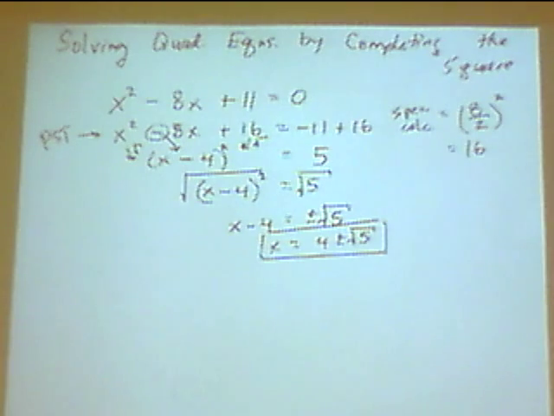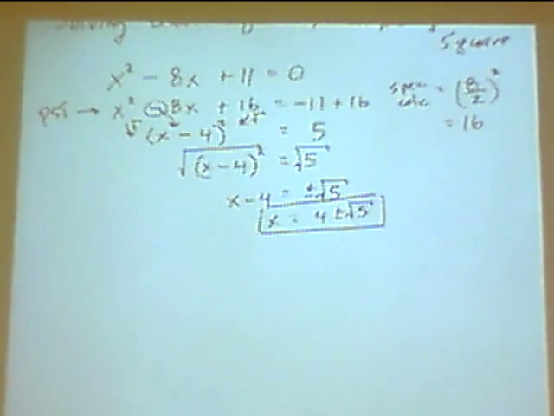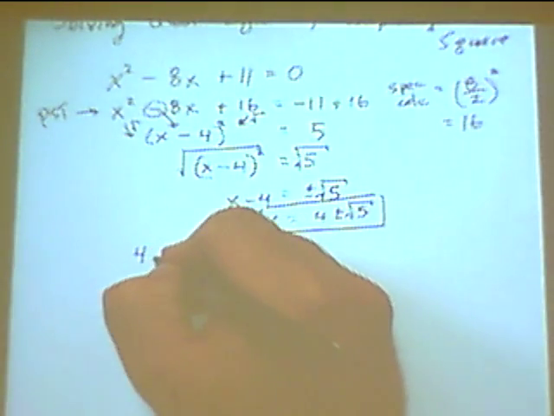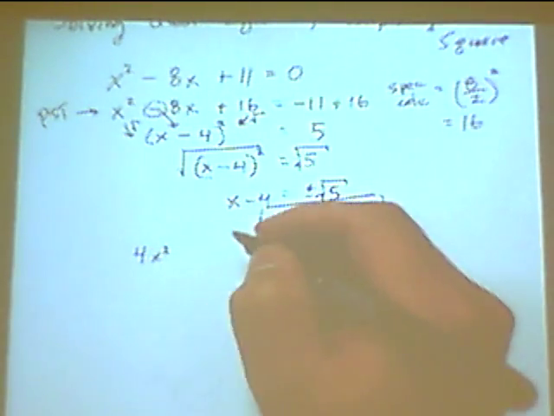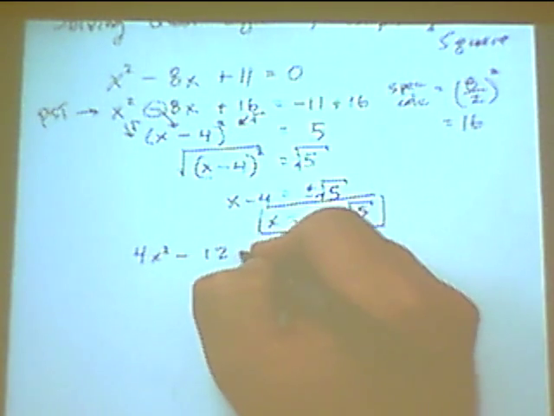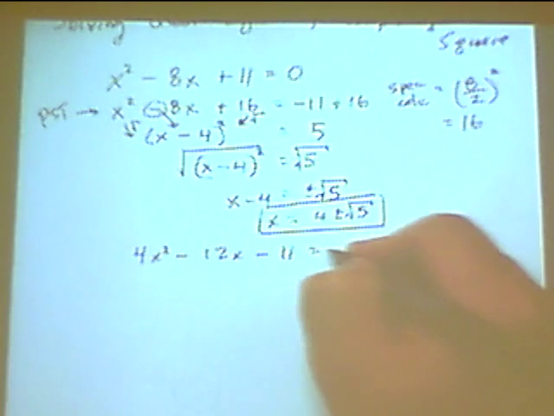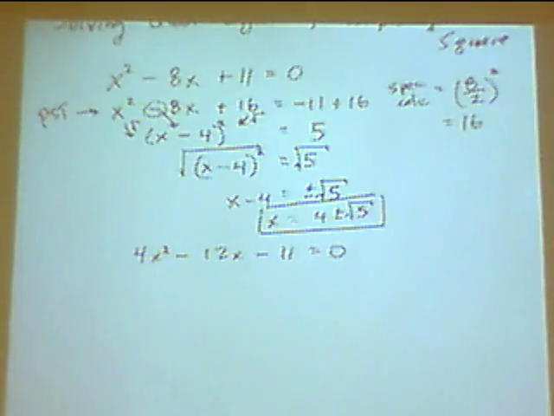Now let me do a second example, which has a little bit of a twist to it. That's 4x squared minus 12x minus 11 equals 0. We're going to use completing the square to try and solve this quadratic equation.